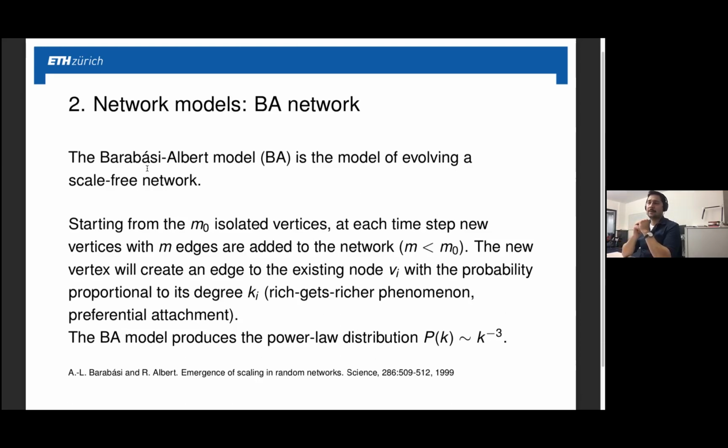But let's say that to generate this type of graph, we would start with m0 isolated vertices. At each time step, we would be adding new vertices with m edges. And then the important fact is that the new vertex will create an edge to an existing node with a probability that is proportional to its degree. So this is also called preferential attachment.